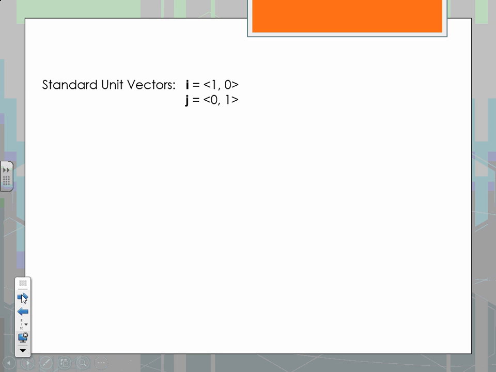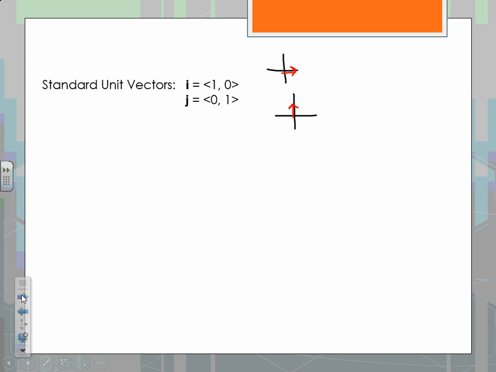This is too hard. Okay, there is a second way to write vectors. We have a standard unit vector i, horizontally, just 1, 0. This is vector i. We have a vertical unit vector, vector j.